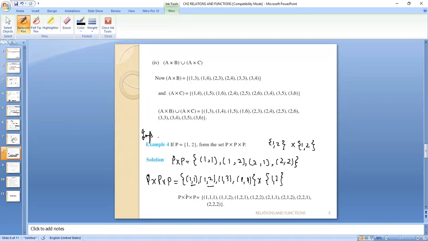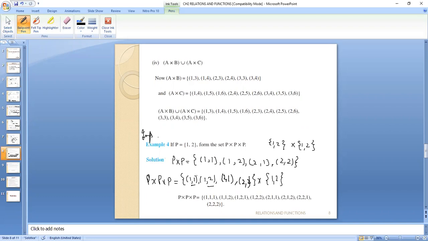Sorry, I have written something wrong. It will not be (1,3) and (1,4), it is (2,1) and (2,2). The elements were written wrong, so take care and let me know if I'm writing anything wrong.